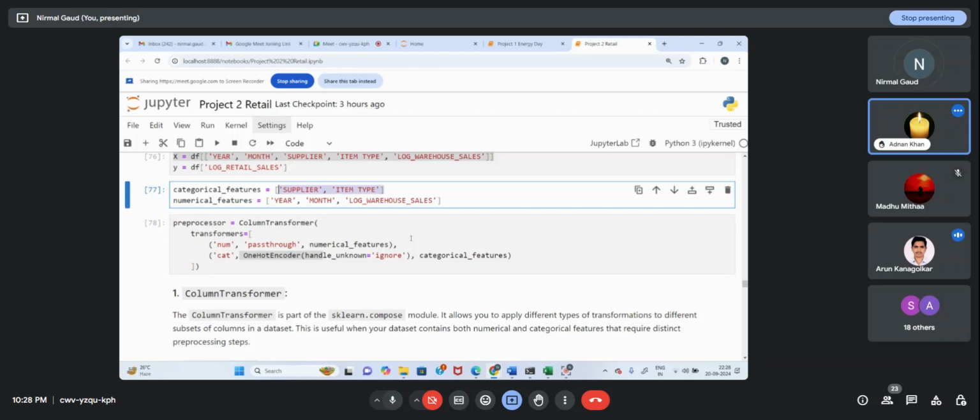Because we are having so many features created after the one hot encoding, because there are many suppliers, there are many items available. There is a wide range of features now. So are we considering any specific features only out of them?